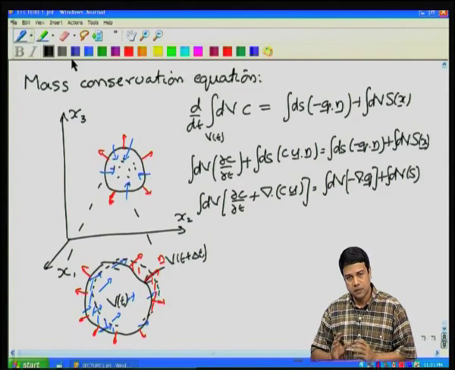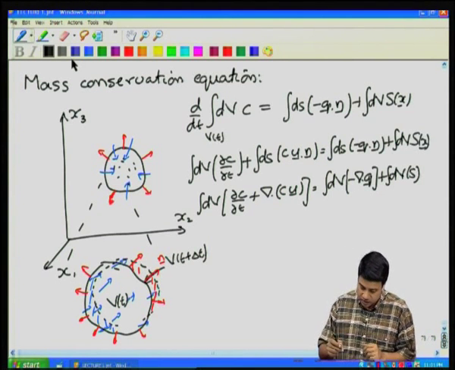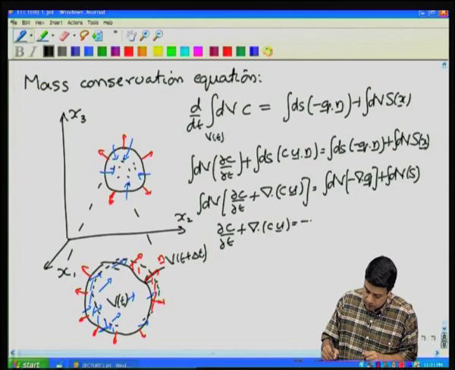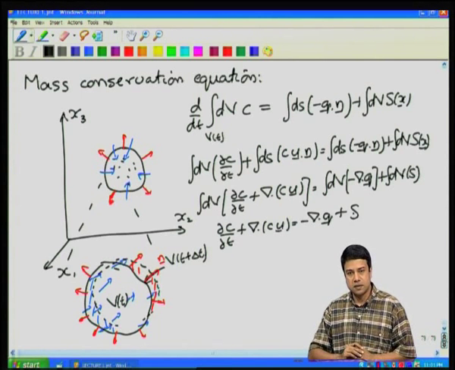Once again, this has to be true for each and every differential volume. So, my concentration equation becomes partial c by partial t plus del dot c u is equal to minus del dot q plus S, where S is the source term.